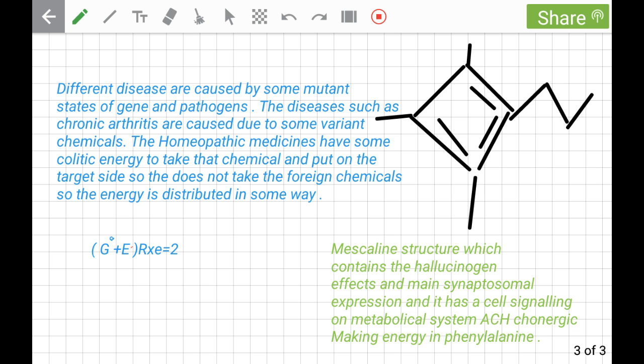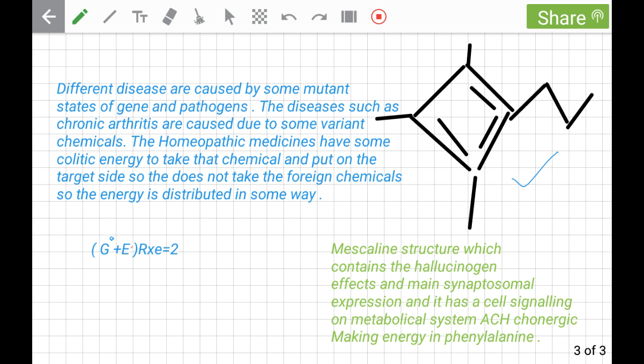target site problem. So the functionality of here, the mescaline structure is there, which has a powerful effect on our body to maintain the synaptosomes and energy hallucinogens. Mescaline structure, which contains the hallucinogen effects and main synaptosomal expression.